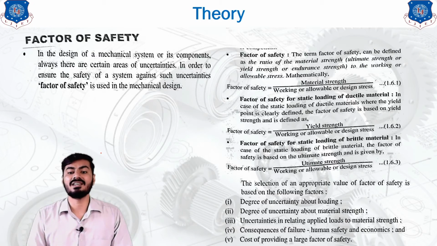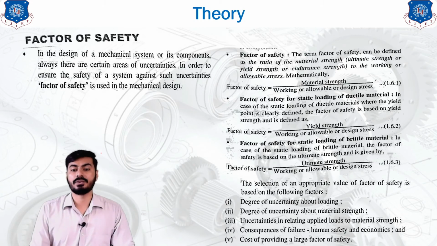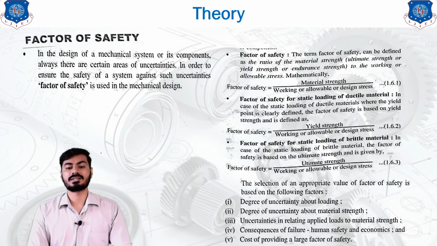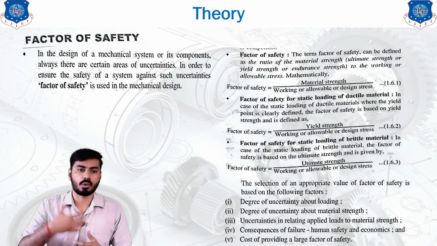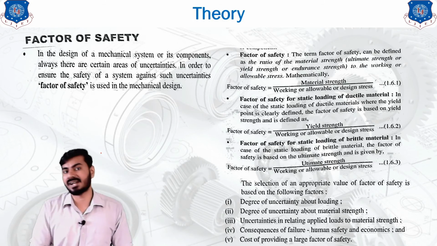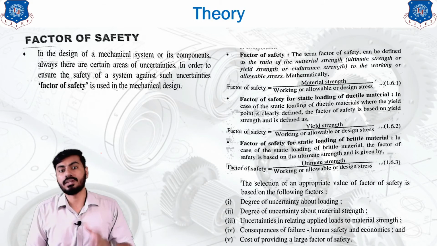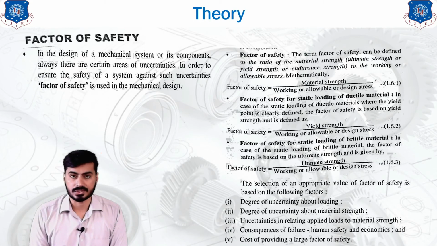Uncertainties in relating the applied load to material strength, consequences of failure, human safety and economics. So if you are designing a machine which can cause threats to human life or economic threats around it, then you will have to provide a better factor of safety irrespective of the cost.